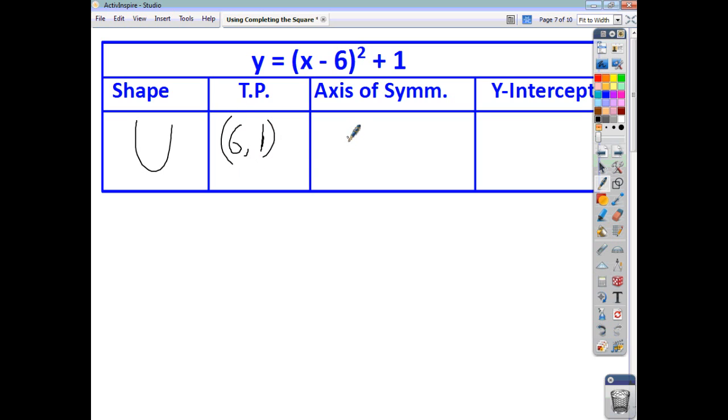Your axis of symmetry goes through the turning point, so it's x equals 6. The y-intercept occurs when x is 0, so it's going to be 0 minus 6, which is negative 6, all squared, plus 1, so that gives you 37. So your y-intercept is going to be 0, 37.